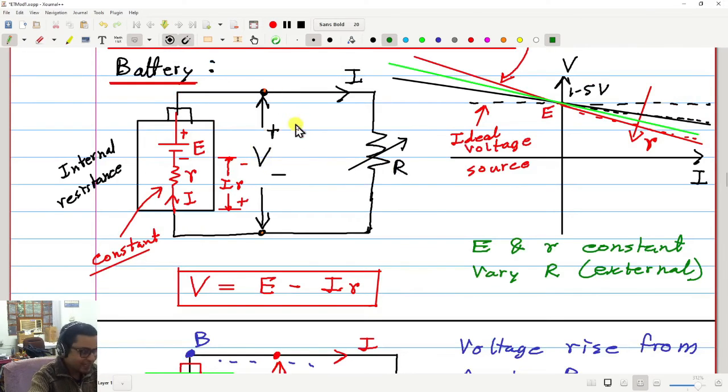Basically you have to measure the value of V when the current is 0. When the current is 0, then V will be equal to E, and in that way you can measure how much this EMF is internally, but otherwise you cannot measure it directly. You cannot access it at all.